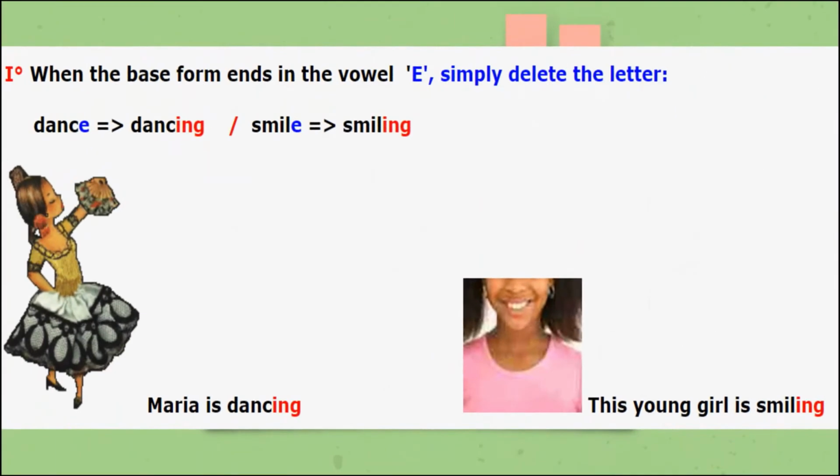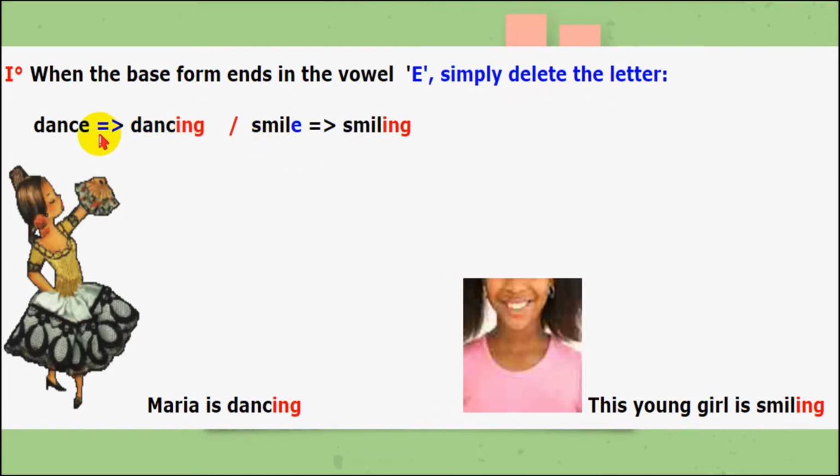Now, when the base form ends in a vowel, you remember there are 5 vowels: A, E, I, O, U. When the base form ends in the vowel letter E, you delete or erase the letter E and add ing.